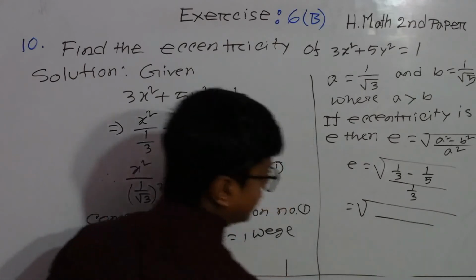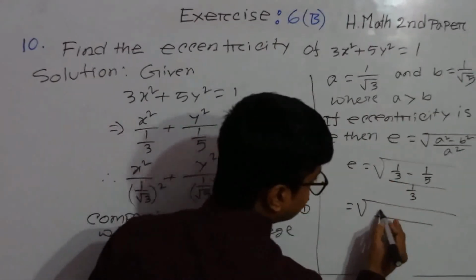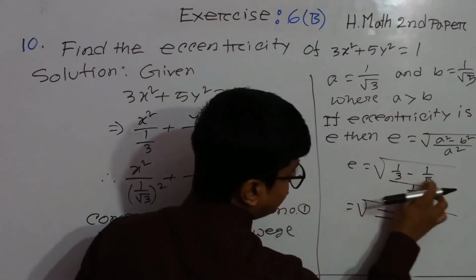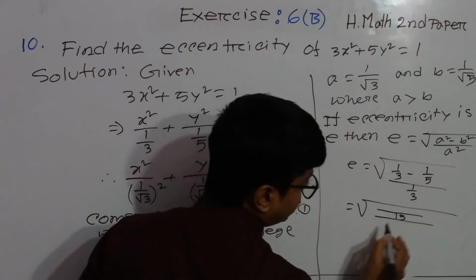Now we can calculate. Here we can apply the LCM method. 3 into 5, it will be 15.